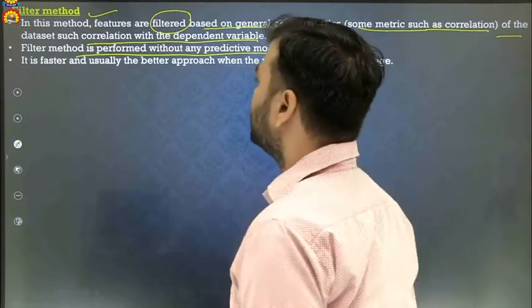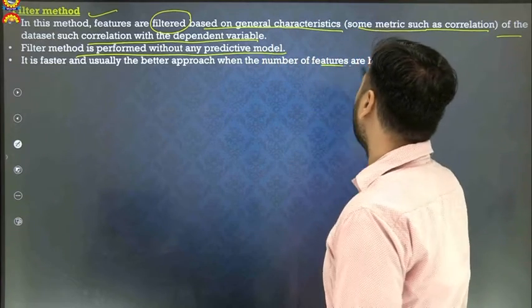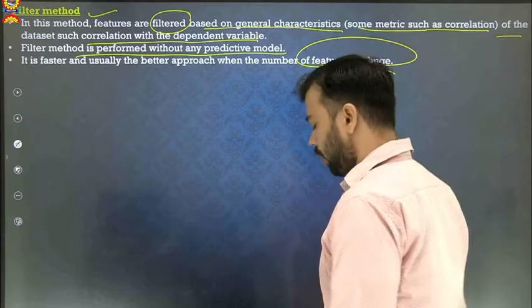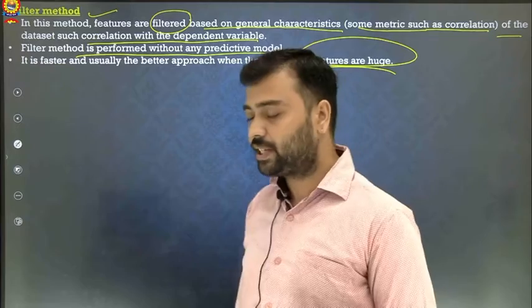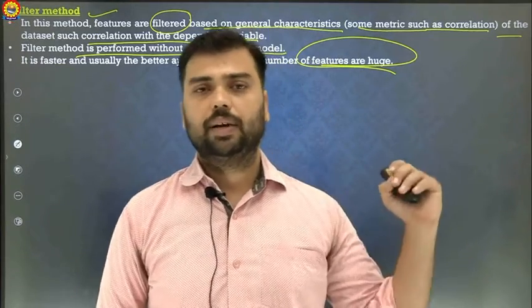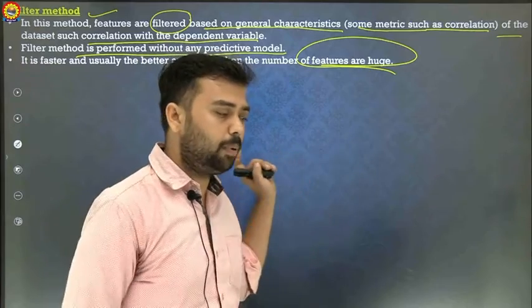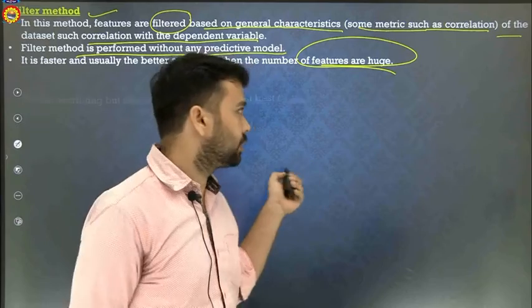It is faster and usually the better approach when the number of features is huge. If the features are very many, then we use filtering, and with its help we can easily find the subset of the features.